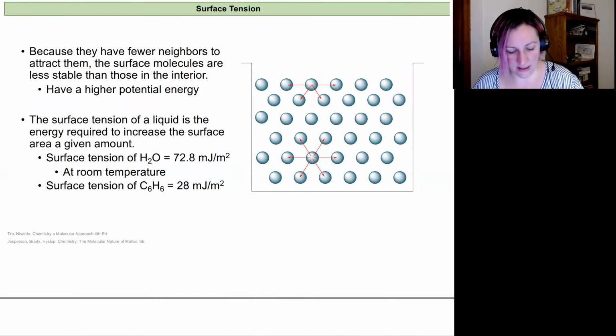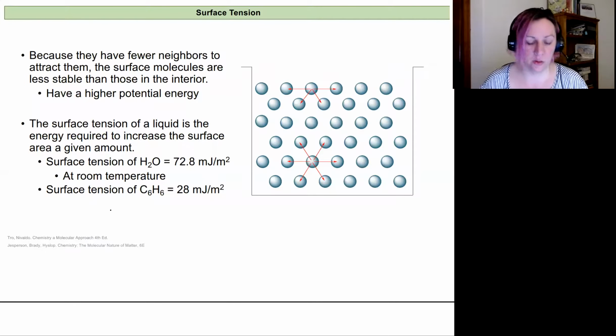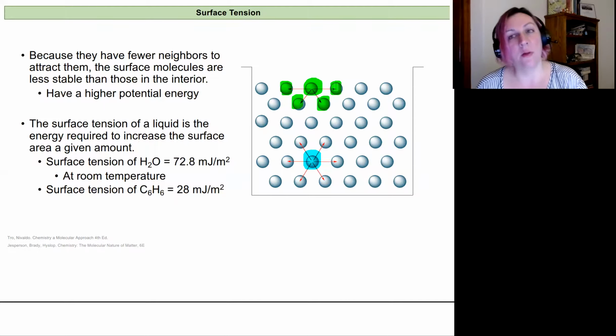Looking at this, let's compare a surface molecule and something that is in the interior. When I look at these, I can see that my surface one is going to only be able to interact with other molecules around it on part of it, right? In this case, it's only interacting with 4 other molecules.